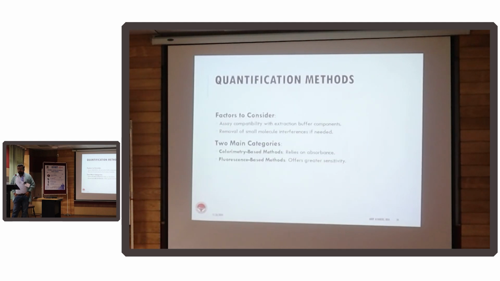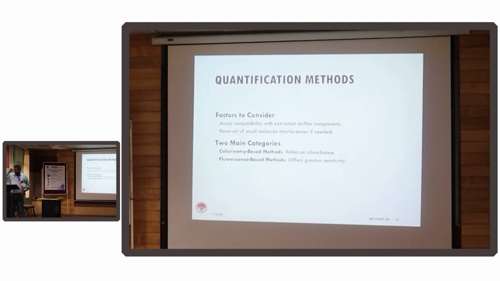And maybe it's a very rare cancer, or you're working on a sample type that is archival. You're working on FFPE, right? Tissue that has been put in paraffin and then sectioned, so you don't have much tissue to work with, and you cannot waste too much of your protein just in estimating how much protein you have, right? Then you can use very sensitive methods that are fluorescence based.